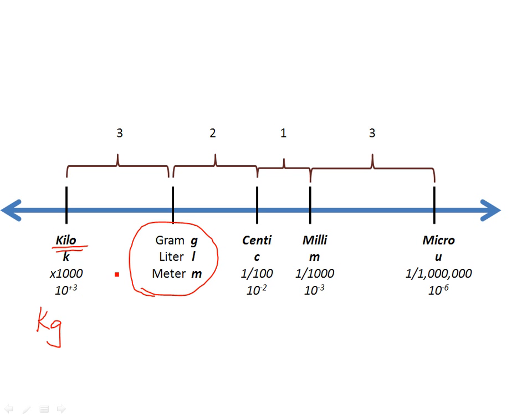So I can have a kilogram, a kiloliter, or a kilometer. So again, a kilo is big. It's 1,000 times bigger. So there's 1,000 grams for 1 kilogram, 1,000 liters for 1 kiloliter, and 1,000 meters in 1 kilometer.